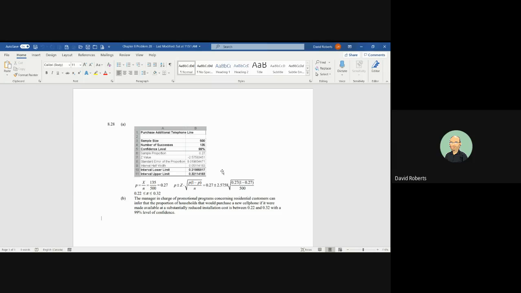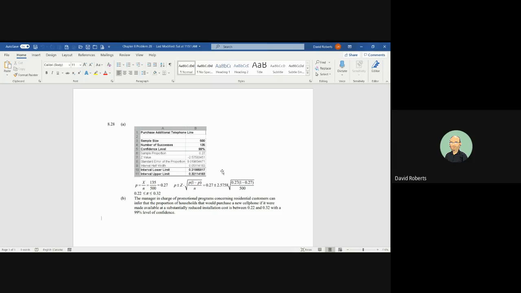Just like we've dealt with confidence intervals in this entire chapter, you are 99% sure that between 22 and 32%, with the average being 27%, the average is always in the middle of that. So you're 99% sure that at least 22% up to 32% will upgrade.